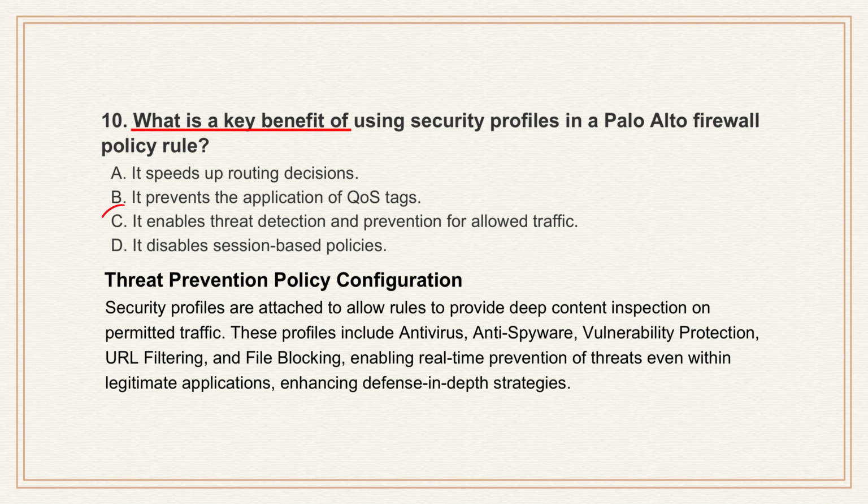So just because you have a rule saying allow web browsing, that doesn't mean the job is done. Exactly. The policy rule might allow the connection based on source, destination, application, user, but the security profile attached to that rule then inspects the content flowing through that allowed connection for threats. So it's an extra layer of scrutiny, even on traffic you've decided to permit. Checks inside the flow. Precisely. It adds content-level inspection on top of access control.